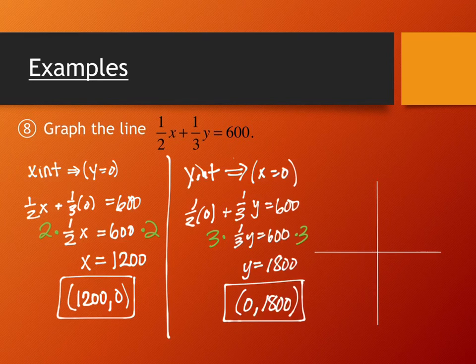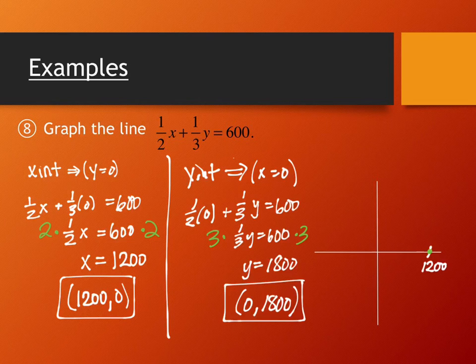So I'm going to put these on the graph. This one here, the 1200, 0, I need to be on this side anyway, right? The right-hand side. So I'm going to come out here, and I'm going to put in here, wherever I want to put it, 1200. And I'm just going to mark it and say it's 1200. Literally what I'm going to do. I'm going to put it there. And I'm going to put a dot. The other one says that my y value is 1800, so that would also be up on the y-axis on the top.